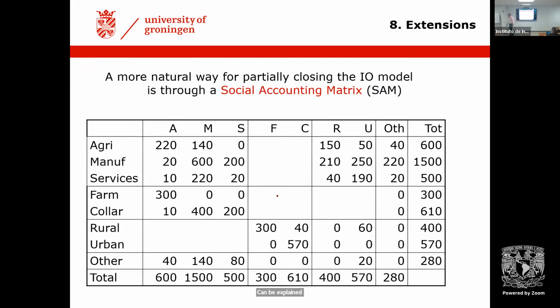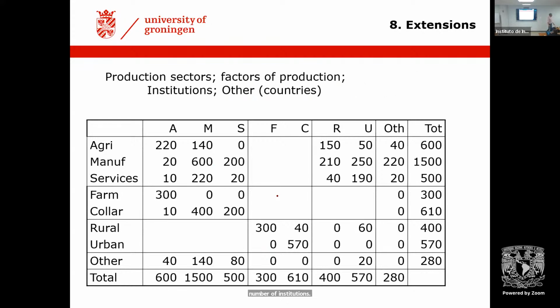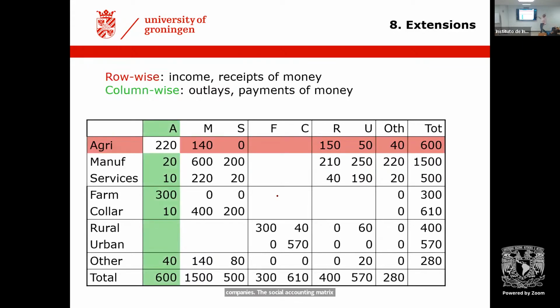This is a very simple social accounting matrix. We have a number of institutions. We have production sectors, workers, factors of production, households, and other companies. In the social accounting matrix, the row gives how the institution gets its money.